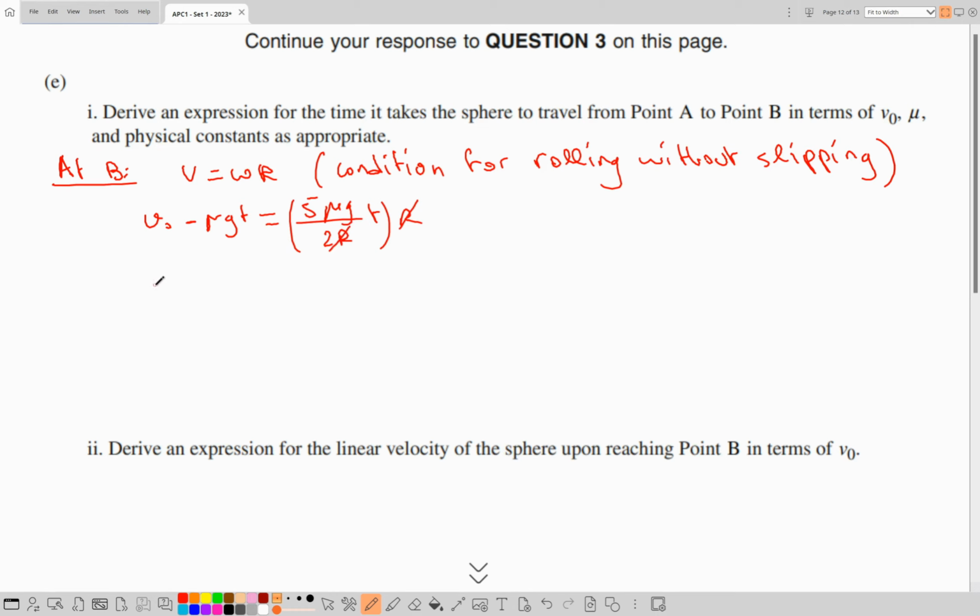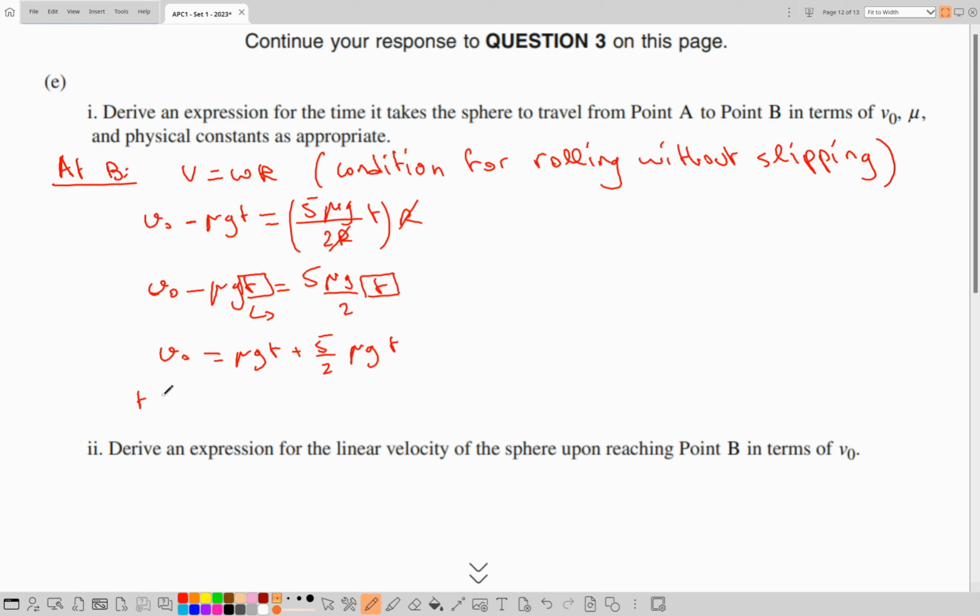Now r with r would cancel. That would be v0 minus mu g multiplied by t is equal to 5 mu g divided by 2 multiplied by t, and we're solving for t. What's the type of this equation? This is a linear equation in t. So moving this to the right-hand side, that would be v0 equals mu g t plus 5/2 mu g t.